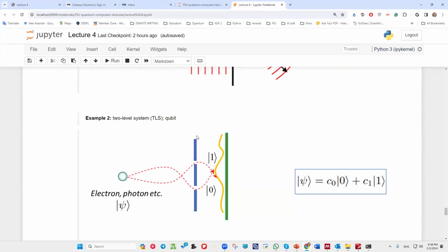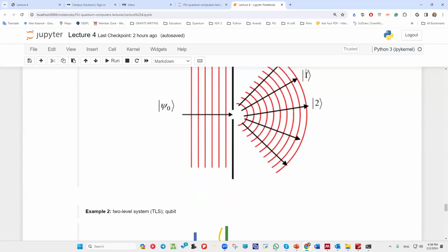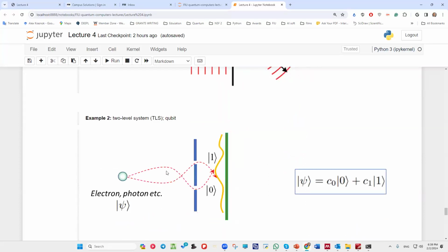However, I can put another screen with two slits in it, like shown here, and this way I will select just two states from this infinite set, right?